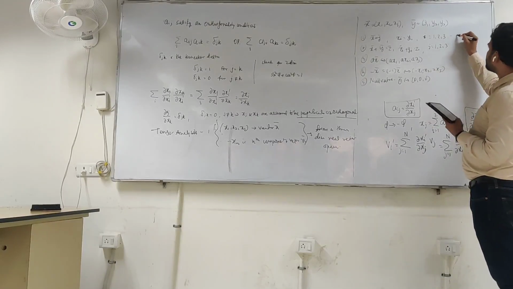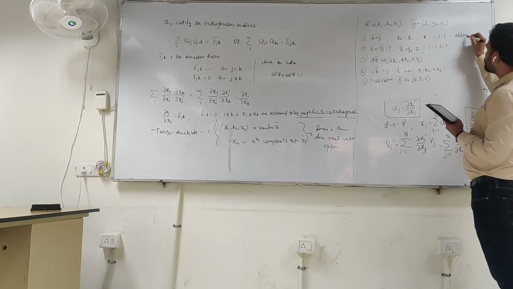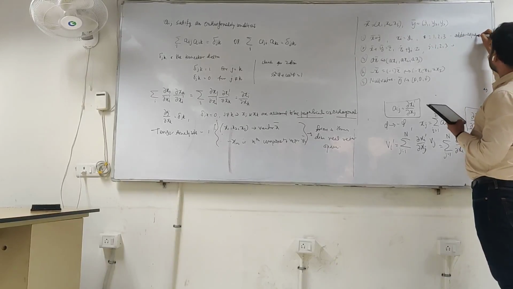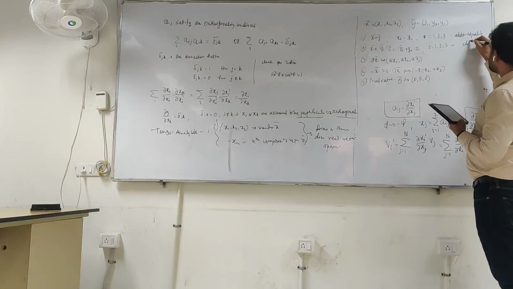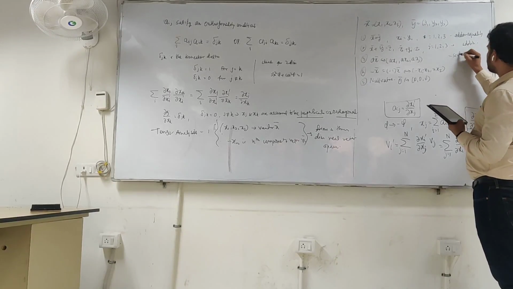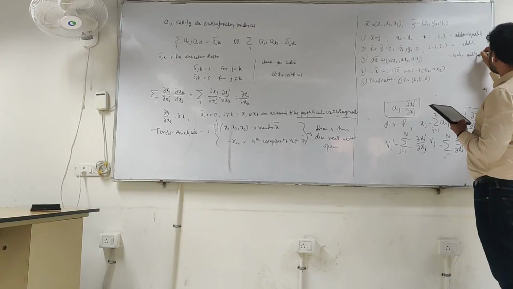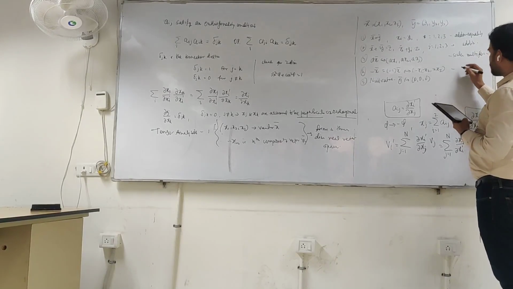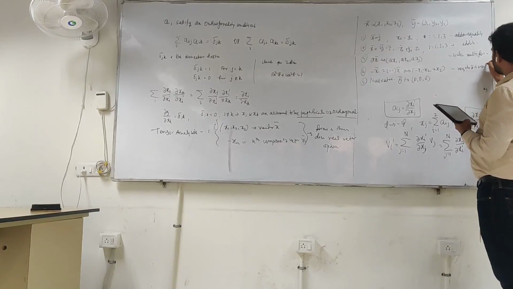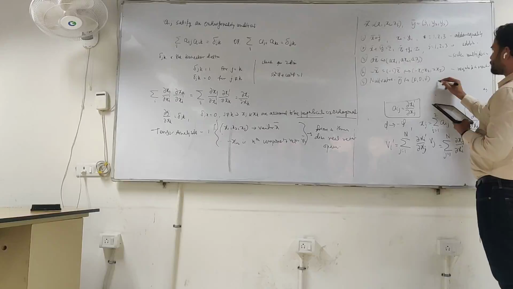This is equality, this is addition, this is scalar multiplication, this is the negative of a vector, and this is the null vector.